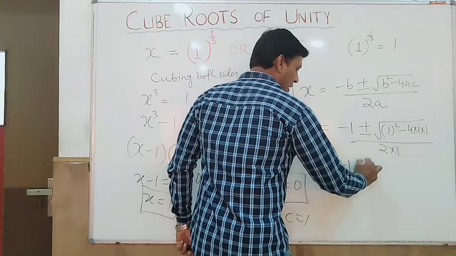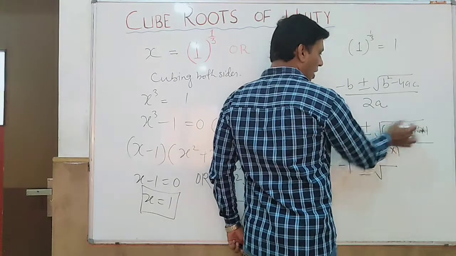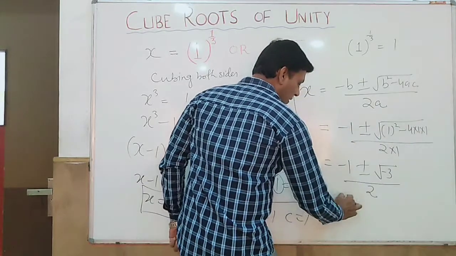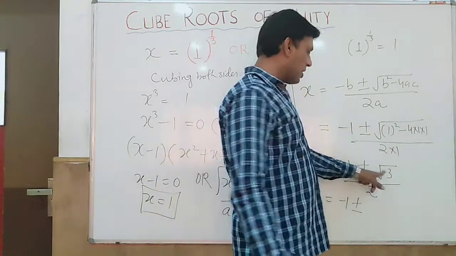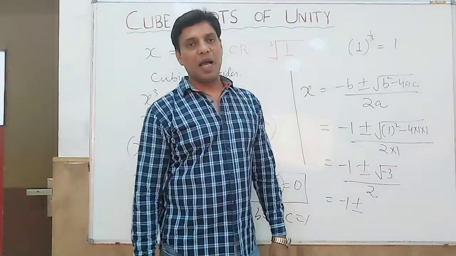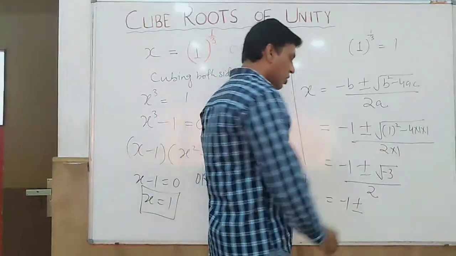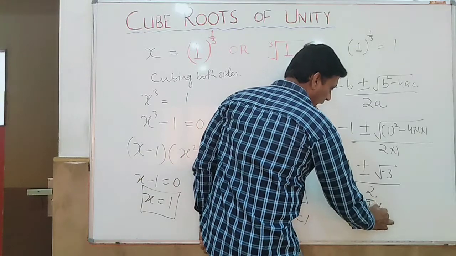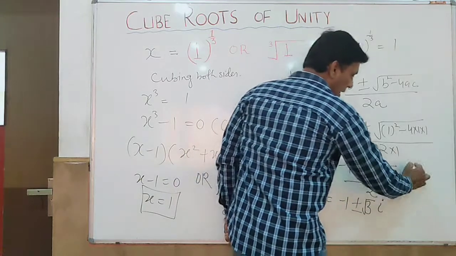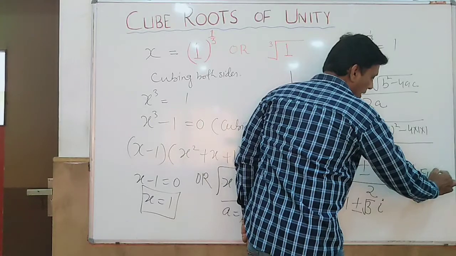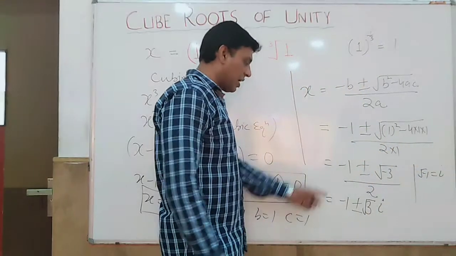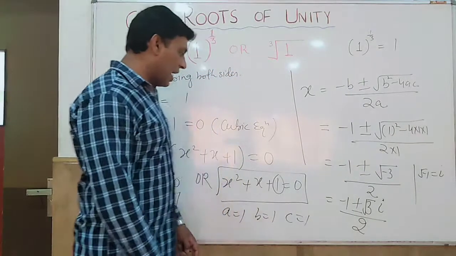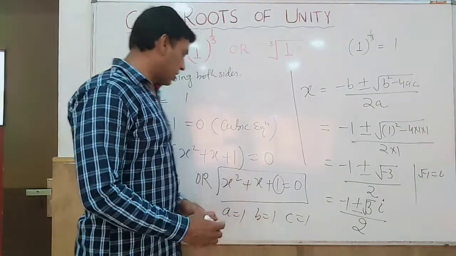So minus 1 plus minus square root of 1 minus 4, which is minus 3, upon 2. See, this is an imaginary number. Under root minus 3 is an imaginary number. So we can write it as under root 3 iota, since under root minus 1 is equal to iota, upon 2.